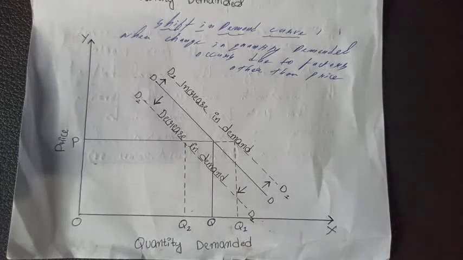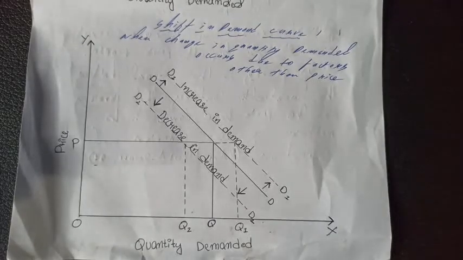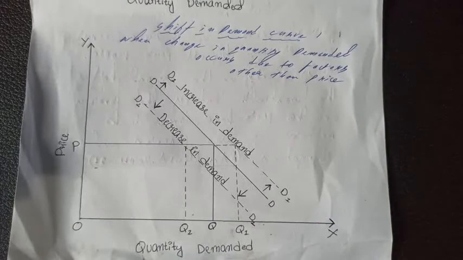Shift in demand curve is when there is a change in quantity demanded due to factors other than price. You have to listen carefully here. Under change in quantity demanded, quantity demanded increases or decreases because of change in price of its own commodity, isn't it?